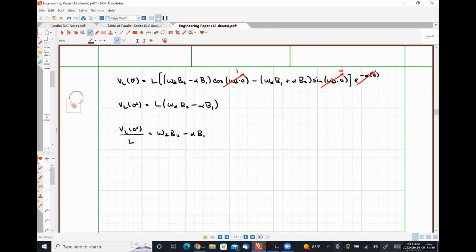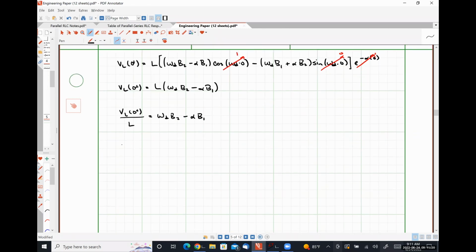Now I'm going to add alpha B1 to both sides so that I have VL 0 plus over L plus alpha B1. And this is going to be equal to omega d times B2. So I'm just going to divide both sides by omega d.